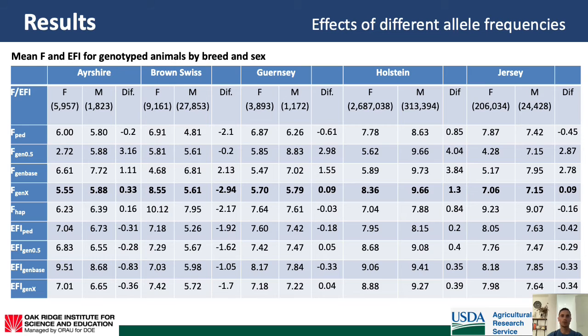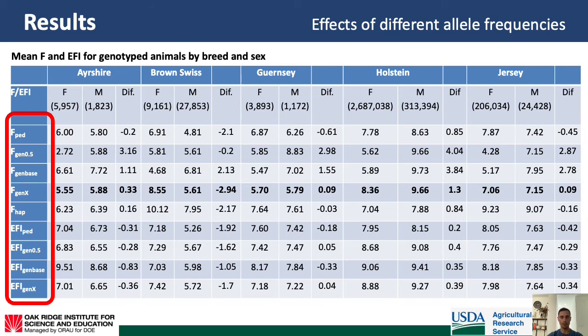In this table, I'm showing the effects of different allele frequencies on inbreeding calculations. These were restricted to animals with no heterosis and more than 90% pedigree completeness. The inbreeding coefficients were pedigree inbreeding, genomic inbreeding using 0.5 or base population frequencies, genomic inbreeding using 0.5 and the X chromosome adjustment, and haplotype-based inbreeding.